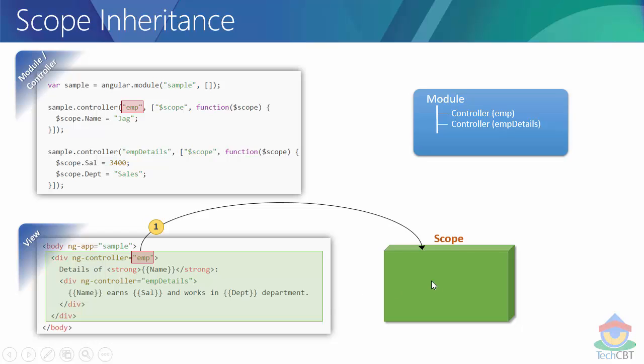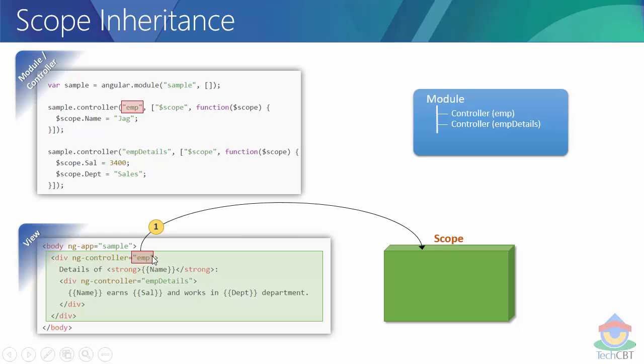So this scope, its boundary and its context, is available for this entire block, including the nested attributes or the nested blocks as well. This scope covers this entire block, including all the nested divs or nested blocks we might have.